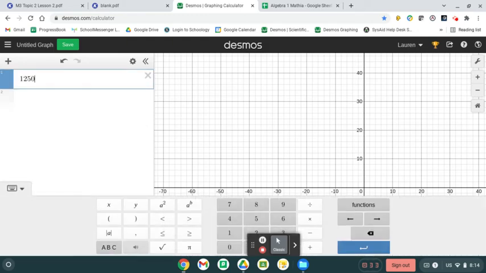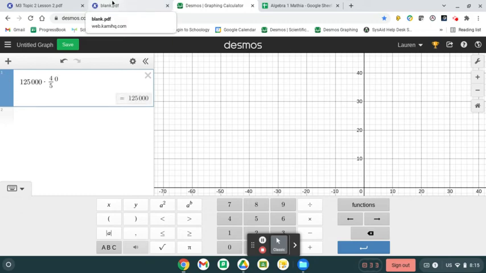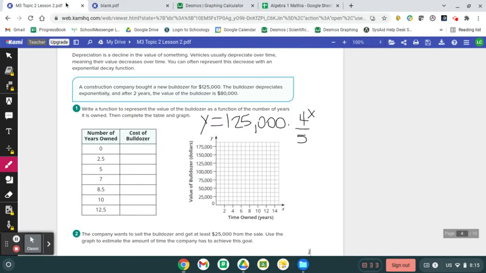I have 125,000 times 4/5 raised to the 0 power. Obviously, that's our starting value. That's going to give us 125,000. I was going to try to use the text box.